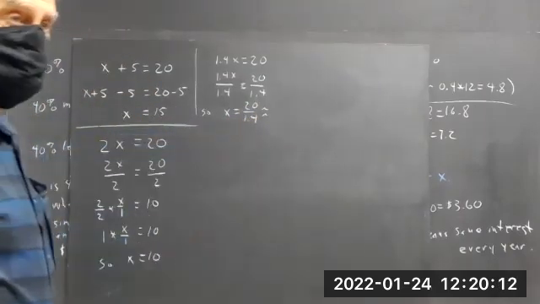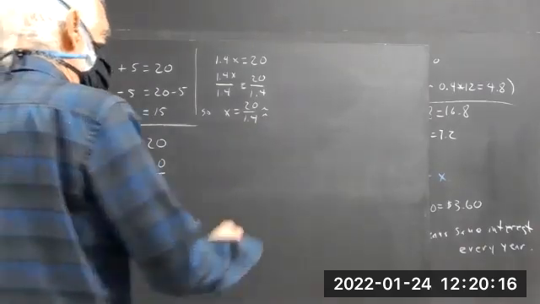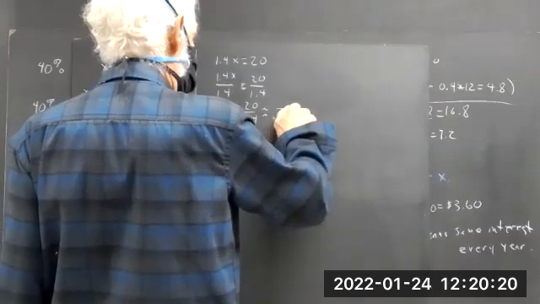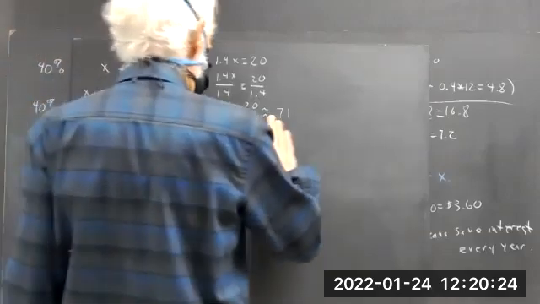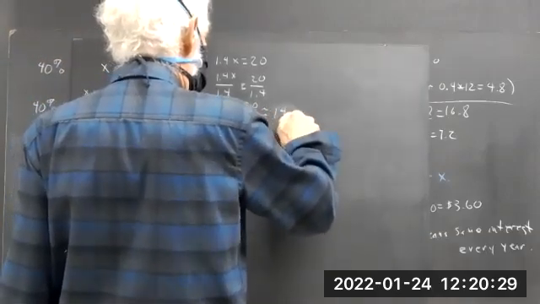So x is 20 over 1.4. That's approximately 0.71, and 0.71 times 20 is approximately 14.2.